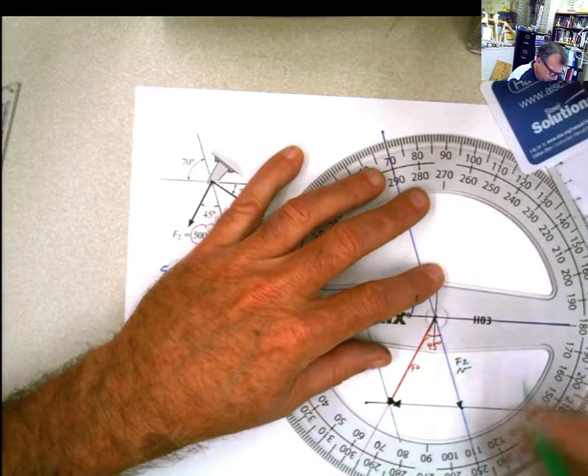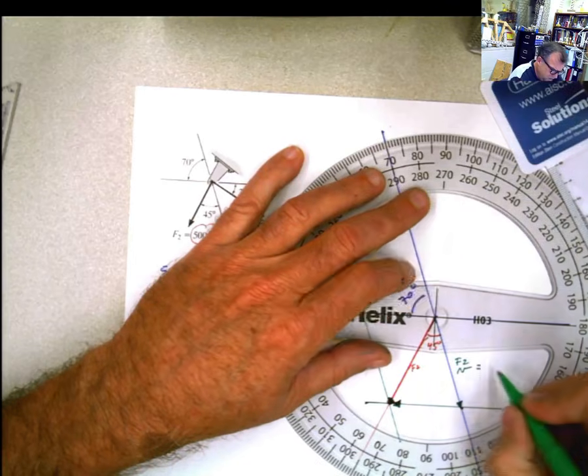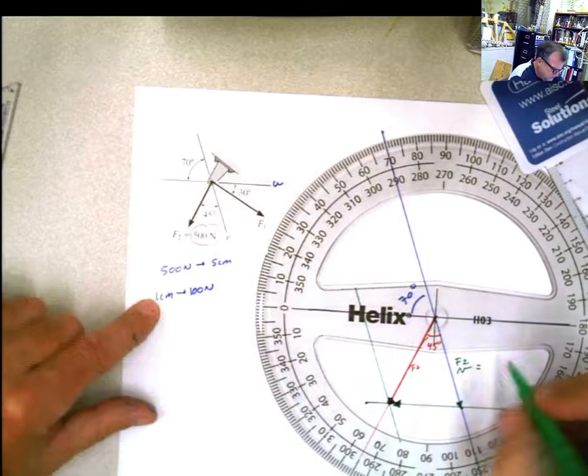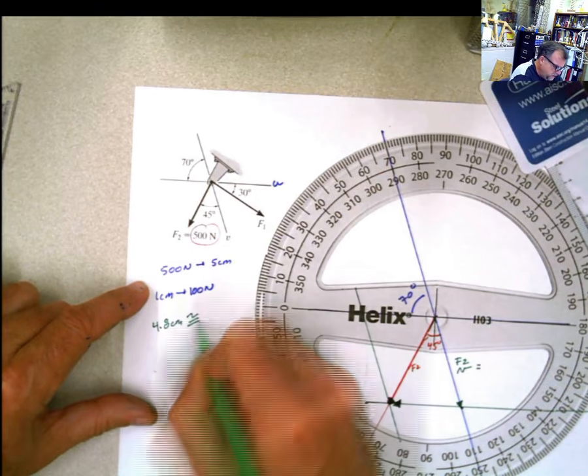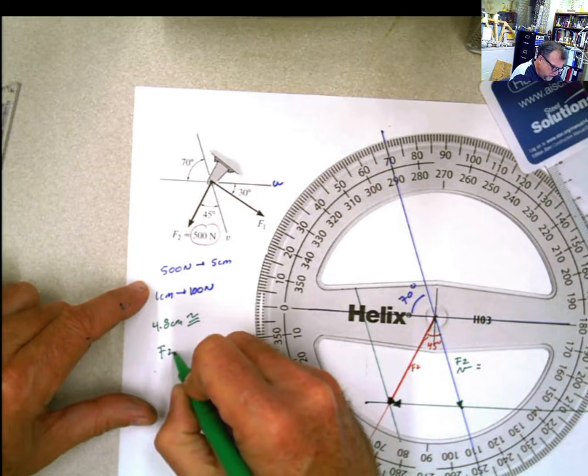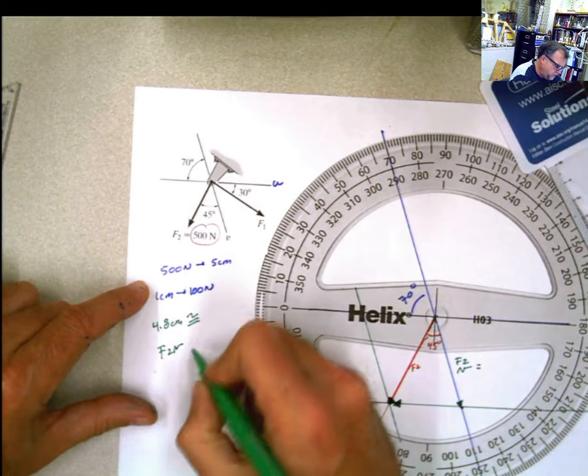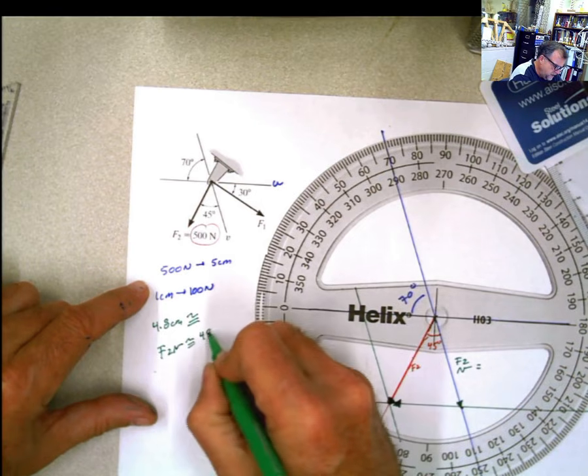So my F2v, if it's 4.8 centimeters, that should be, for my force 2v component, approximately 480 Newton.